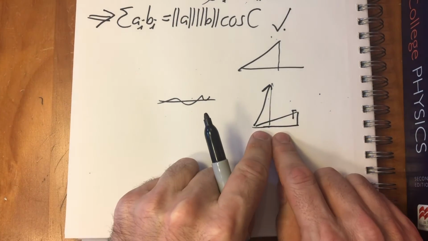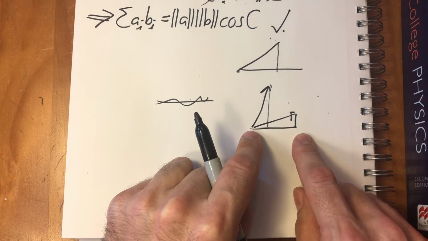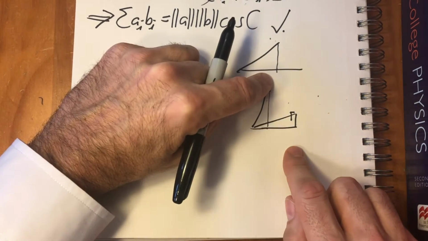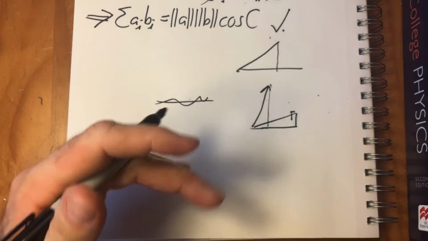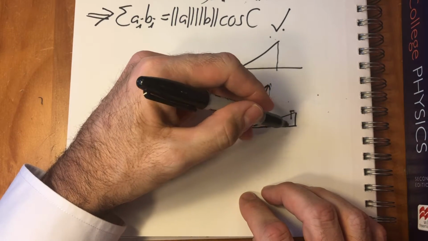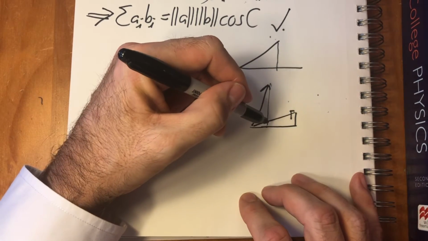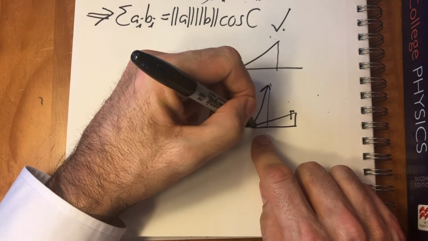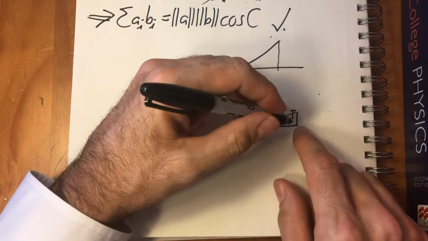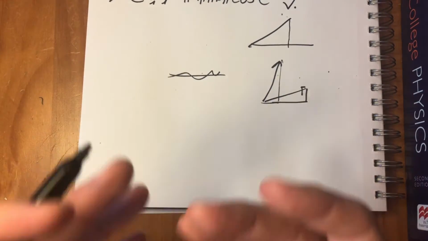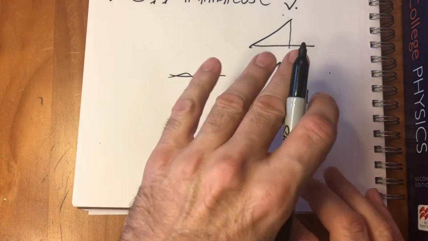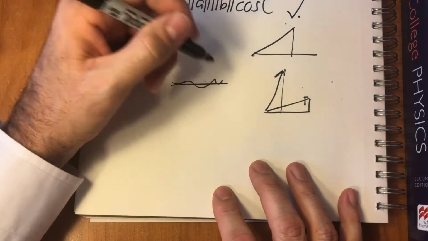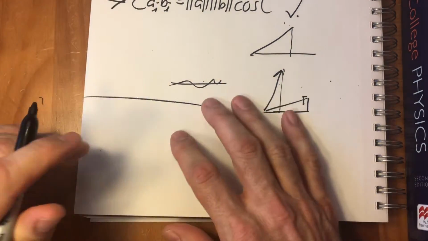What if instead of multiplying the two x's together and then adding that to the two y's together, that's the dot product, what if instead we multiply the x times the other component of the other one, and then the x of the second one times the other component of the first one? What do we get then? That's the determinant.